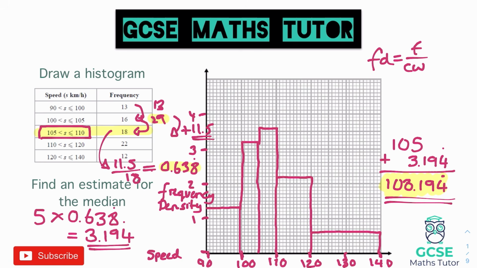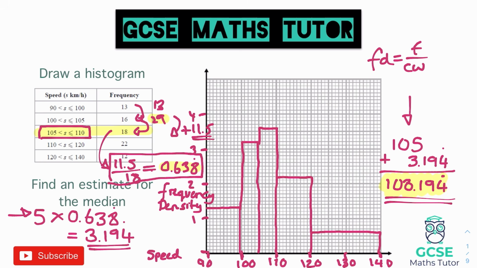So the 11.5 over 18 gave us our percentage, or our decimal version of the percentage, which is 0.638 recurring. So we found out the percentage of the width, so that percentage of 5, which was just down here. So 5 times that decimal. That gave us the 3.194, and that's how far into that width we had to go. So we added it to 105 in our final step, and that gave us 108.194 recurring.